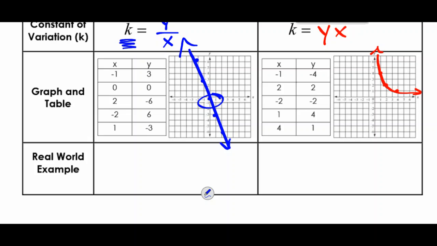On the negative side, it's going to be almost the exact same thing, just completely flipped over. (-2, -2). We're also going to have (-1, -4), but I'm going to add in an extra point, also (-4, -1). It's going to be a similar curved line, except in the opposite corner. That represents an inverse variation. It always avoids the origin.